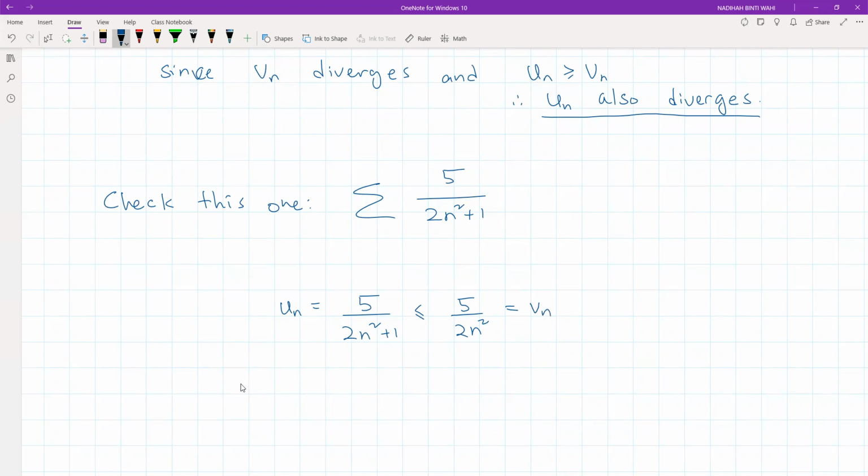Okay, so if you do a calculation for Vn, Vn is just 5 over 2 times 1 over n squared.